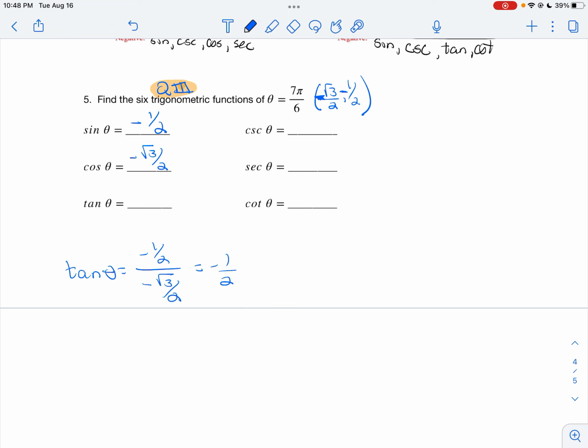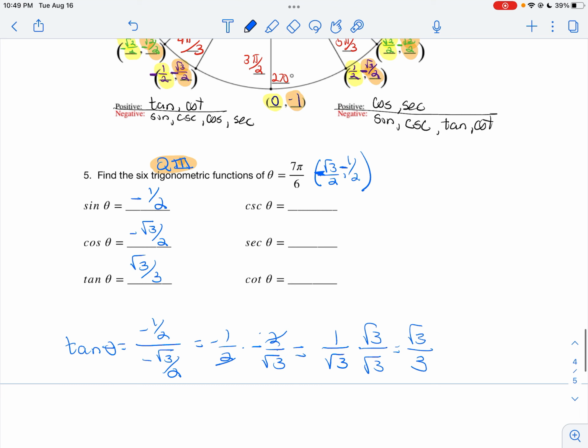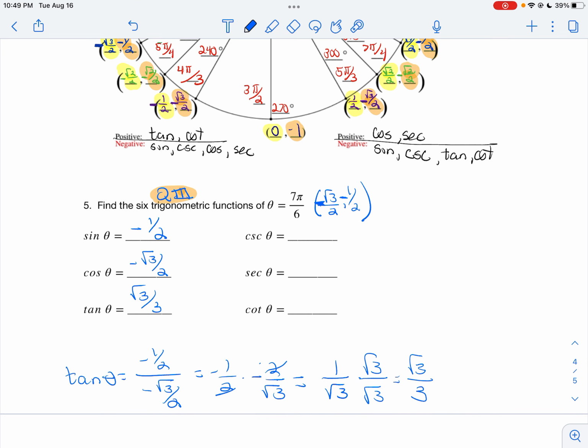So that's negative 1/2 multiplied by negative 2 over the square root of 3. A negative times a negative equals positive. 1 over the square root of 3. Rationalize your denominator. And that's square root of 3 over 3. Positive. And that makes sense. Remember, tangent is positive in this quadrant.